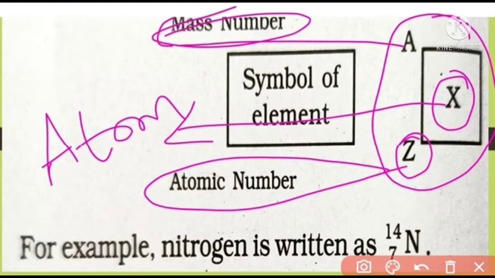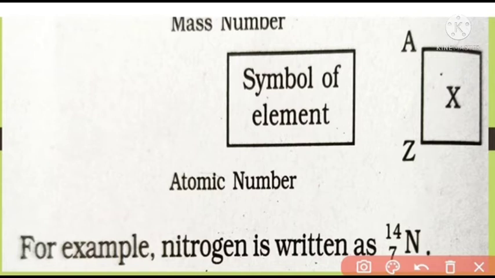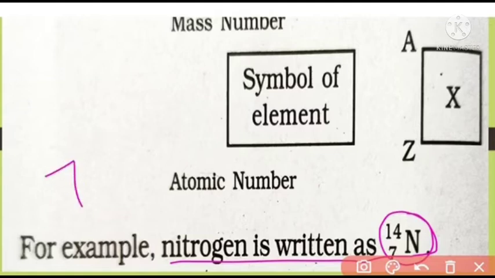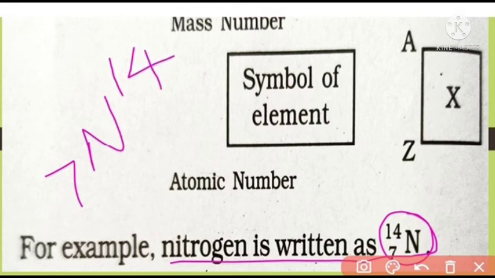X is the symbol of the atom of the element. This is the common representation of all elements in the periodic table. For example, we represent the nitrogen atom as 7N14. Here 7 is the atomic number of nitrogen and 14 is the atomic mass of nitrogen.